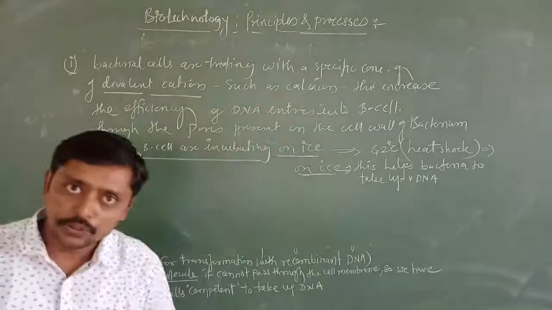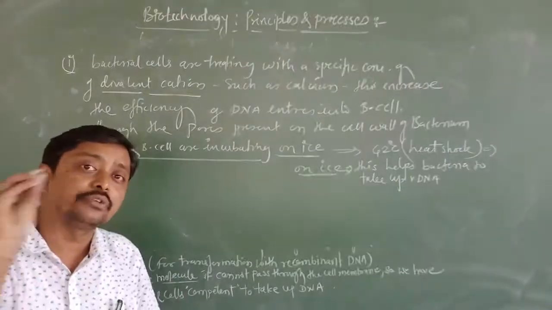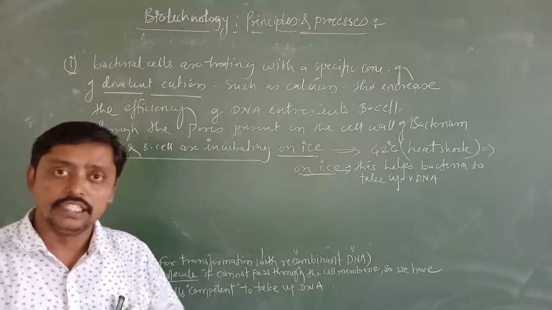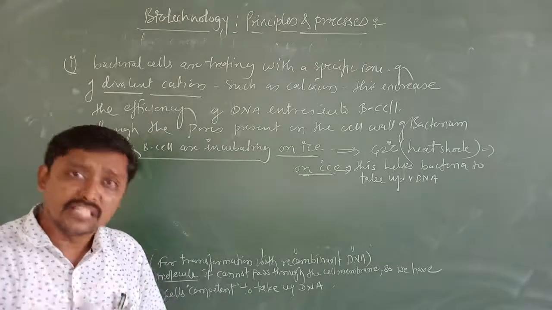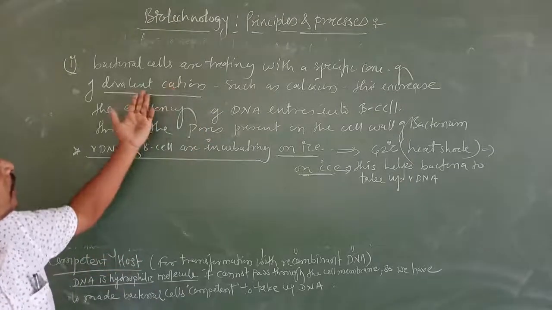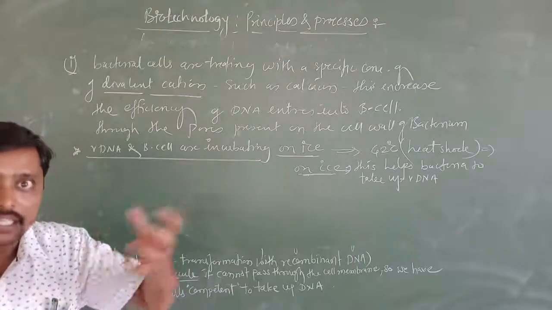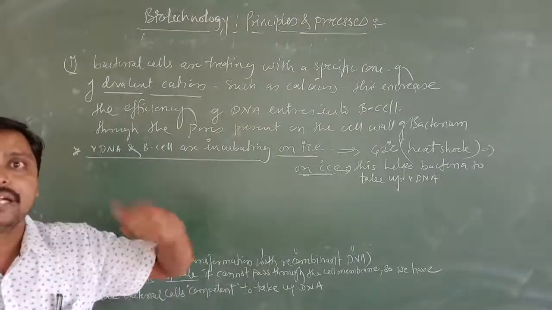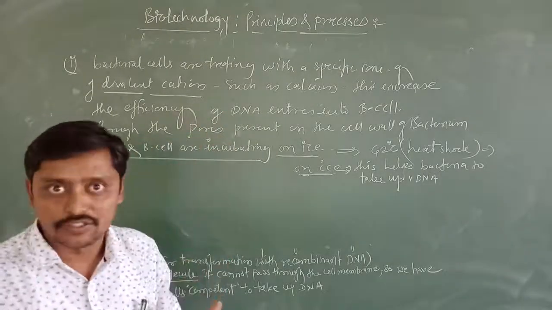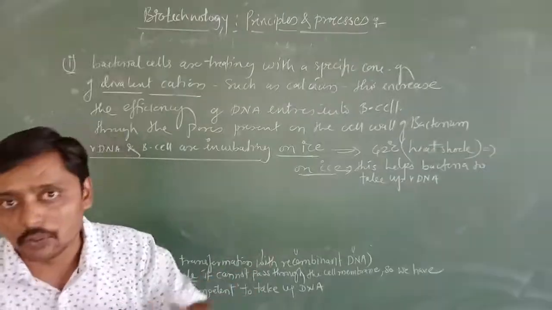If you treat in such a way, the DNA is going to enter into the bacterial cell through its pores. Now what is the procedure? The recombinant DNA we have prepared with earlier techniques has an origin of replication, selectable markers, and a cloning site.